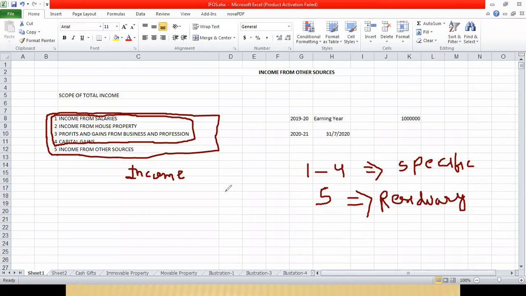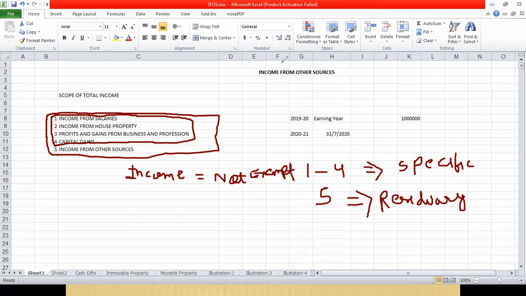Let us understand. Sometimes some income cannot be classified under these 4 preceding heads, and that income is not exempt under the Income Tax Act. So if these 3 points are satisfied, then we will say that it is income from other sources.